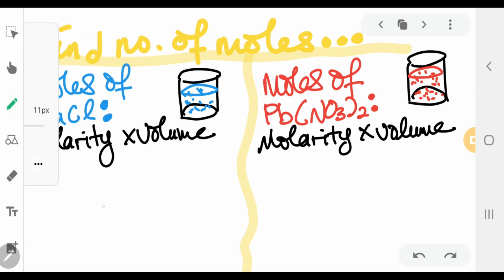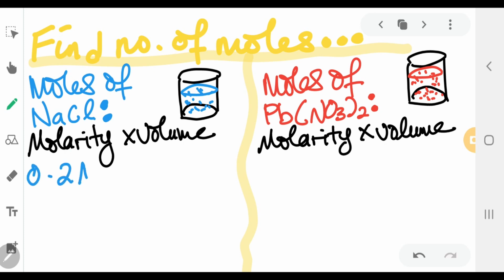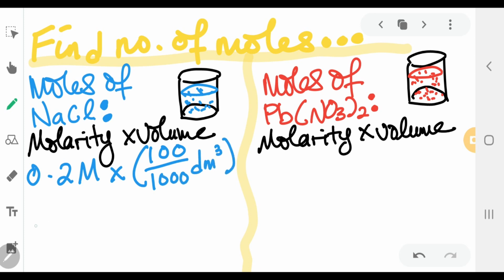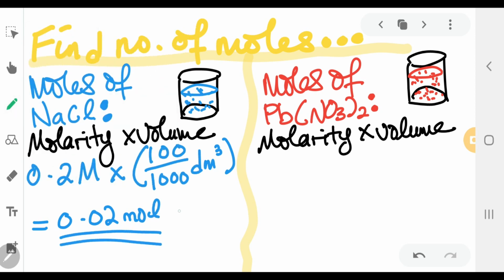So the molarity of NaCl is 0.2 molar times with the volume, which is 100 centimeter cubic, but you have to change that into decimeter cubic, and you would get the number of mole 0.02 mole. By getting the correct number of mole of NaCl involved, you would get 1 mark.